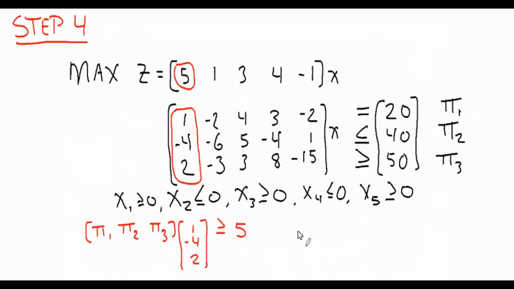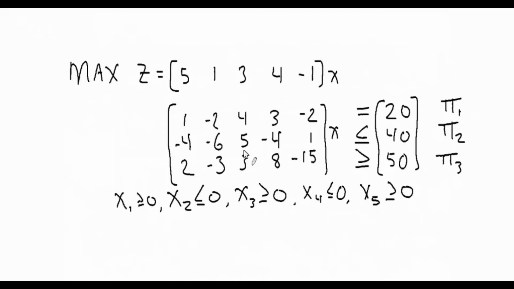When you write this whole thing out, you get pi sub 1 minus 4 pi sub 2 plus 2 pi sub 3 is greater than or equal to 5. And that is our first dual constraint.